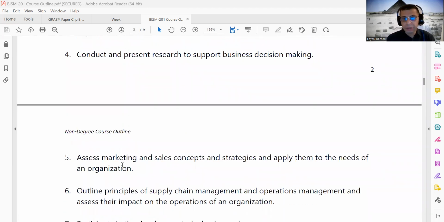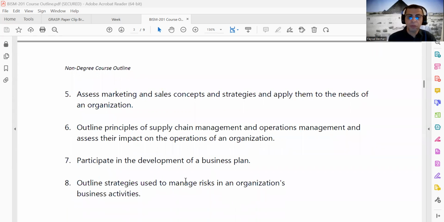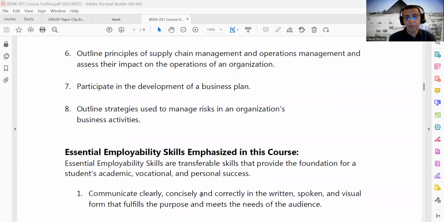Also, we will assess marketing and sales concepts and strategies and apply them to the needs of the organization, outline principles of supply chain management and operation management, and principles in the development of a business plan. We'll talk about the outline of strategies used to manage risk in an organization's business activities.